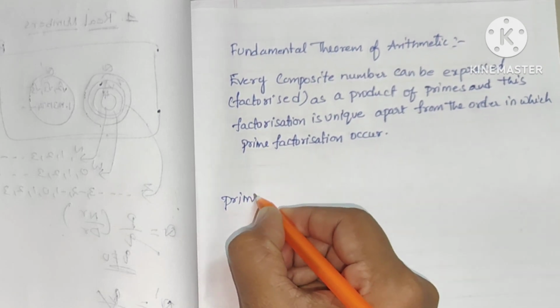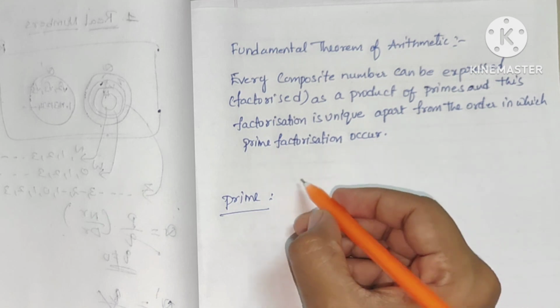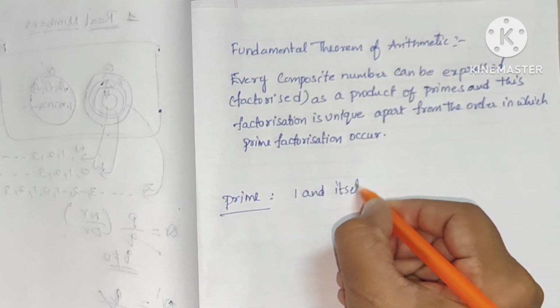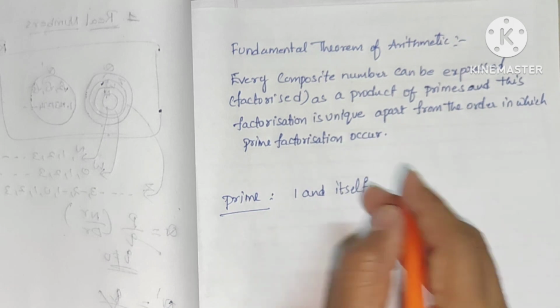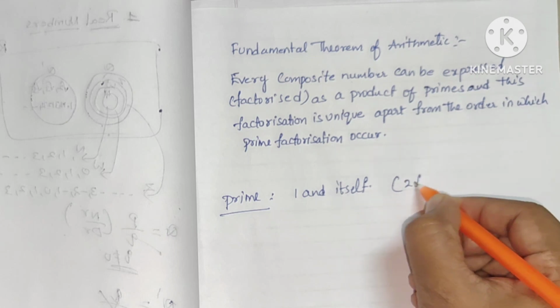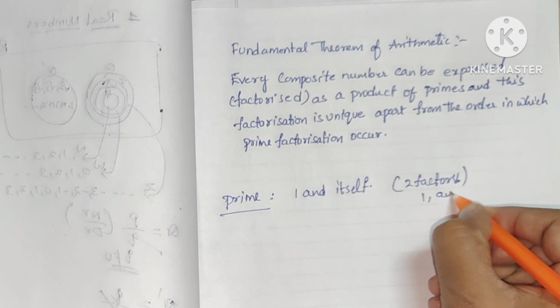A prime number means a number which is divisible only by 1 and itself. That means the number has only two factors. What are those two factors? 1 and itself.